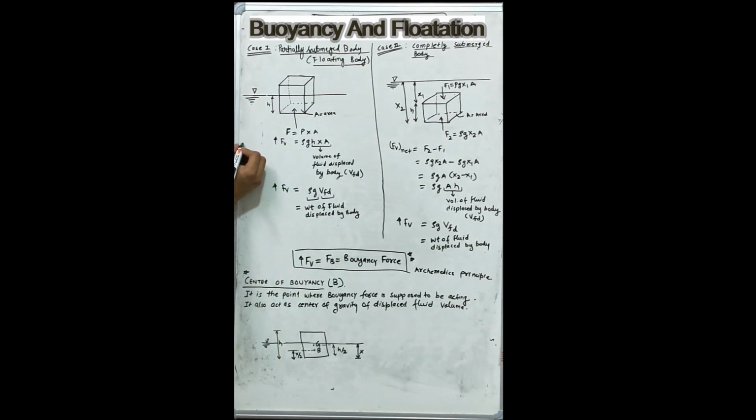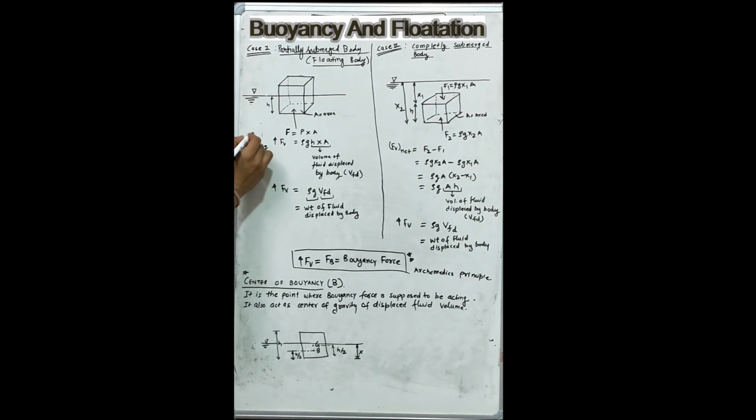Rho g we can call the specific weight. We know that specific weight is nothing but weight per unit volume. And what is this weight? Weight is nothing but m into g by volume. And what is mass by volume? Mass by volume is nothing but density.